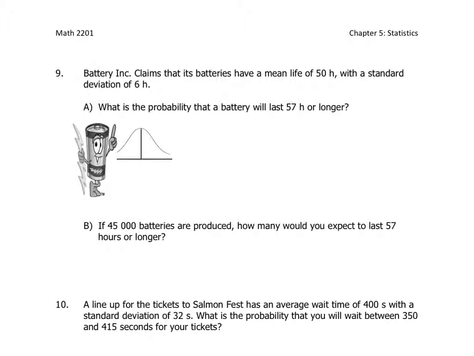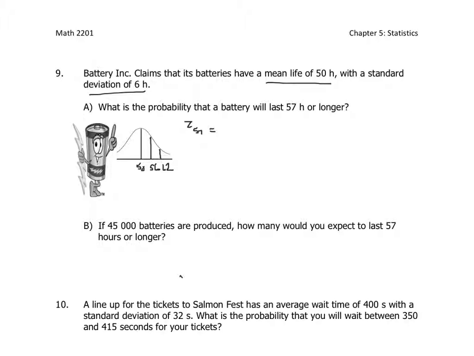Okay, next question. Battery Incorporated claims its batteries have a mean life of 50 hours with a standard deviation of 6. What's the probability that a battery will last 57 hours or longer? If this here is 50, 56 would be the next label, which is not what we want. We want 57, which lies in between 56 and 62, so we'll use z-scores.